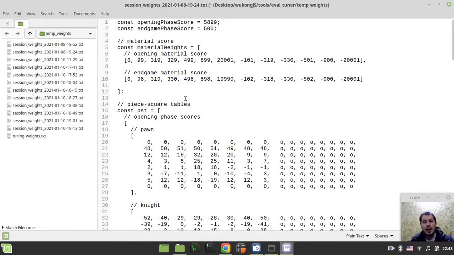Well, I've been trying different approaches. You've seen I've been using 500 games there, and I was trying to tune the weights based on the games from the gm2600s.pgn file and from the positions extracted from that file. I also tried to tune from a game set extracted by self-play.